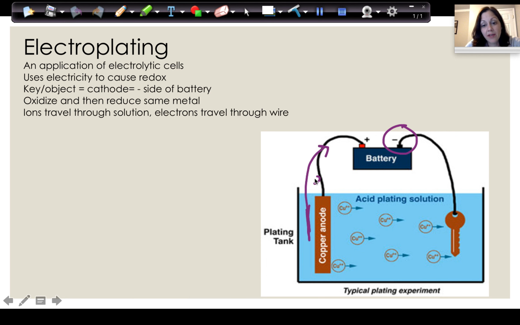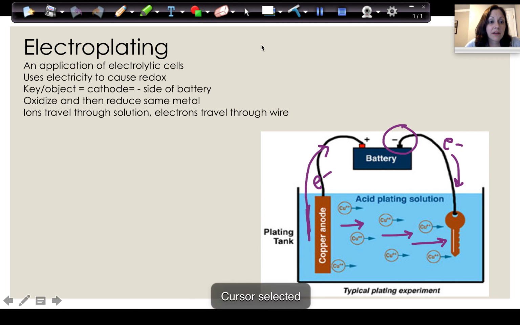We lose the electrons into the battery, and then the electrons go into the object, and the ions that leave the anode actually travel to meet the electrons on the side of the object. So the ions are going to travel through the solution, the electrons are going to travel through the wire, and we usually oxidize and then reduce the same metal. It's non-spontaneous, we have to provide electricity to cause it, and the cathode is usually the key, or the object. Could be a necklace, could be something else.